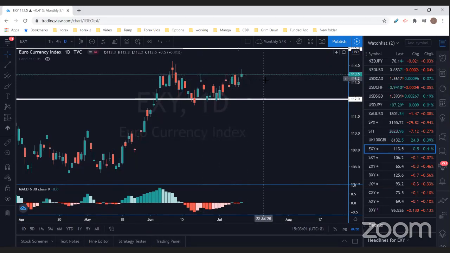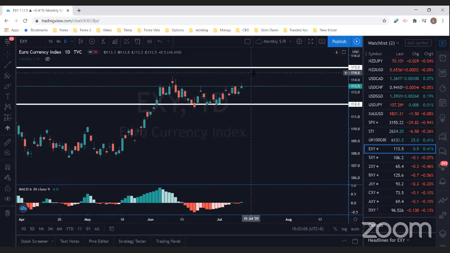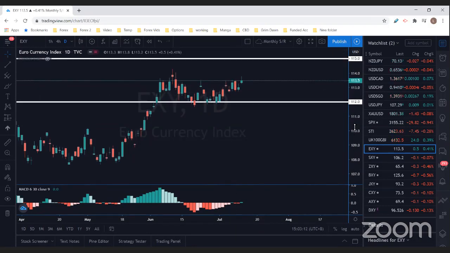So I think price still has a very good chance of appreciating all the way to 115. That means anything Euro against anything, I do expect to strengthen in the midterm, for the coming months, or rather 4 weeks. Just looking at this, my bias for Euro is going to be strong Euro.